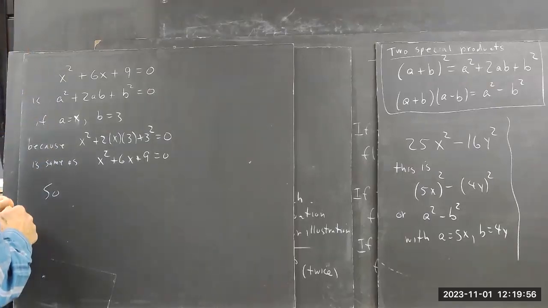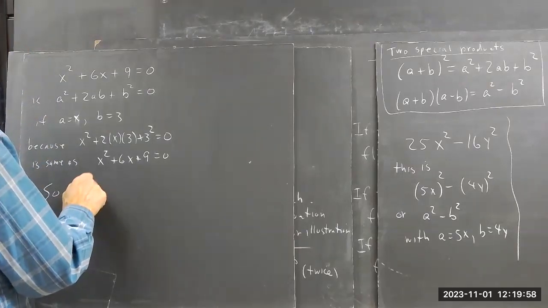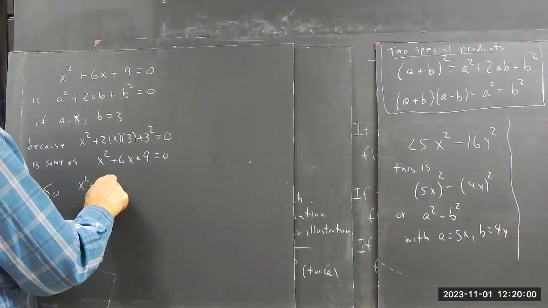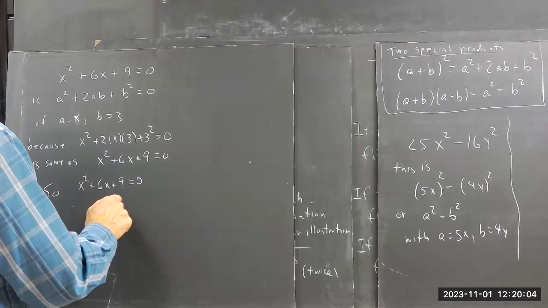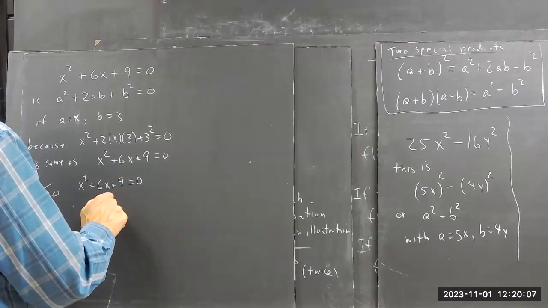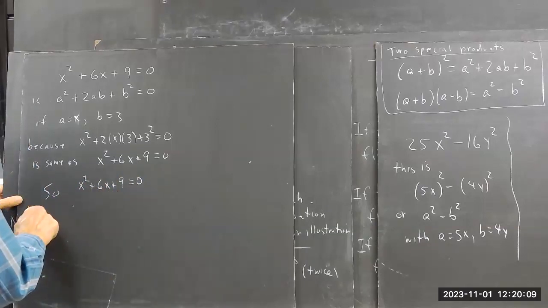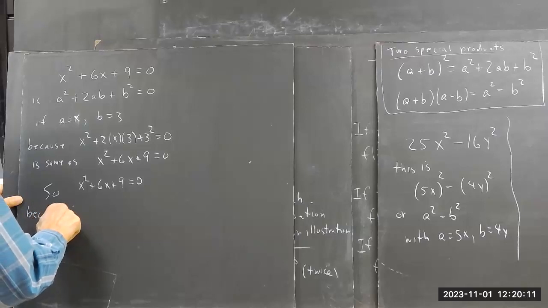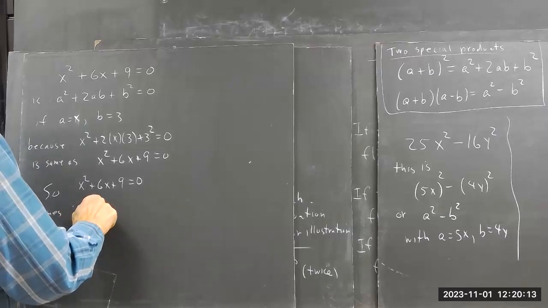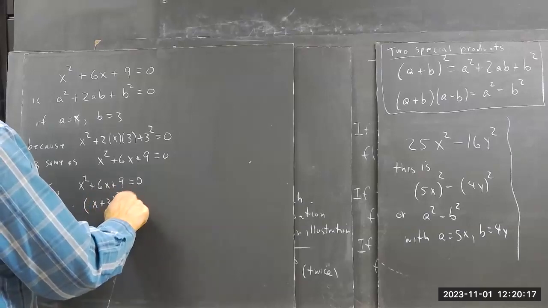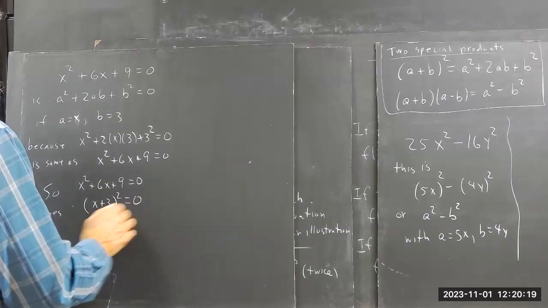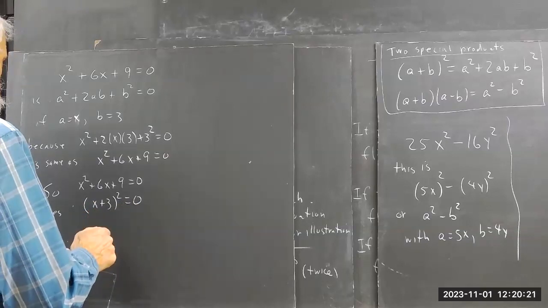So this equation becomes x plus 3 quantity squared equals 0.